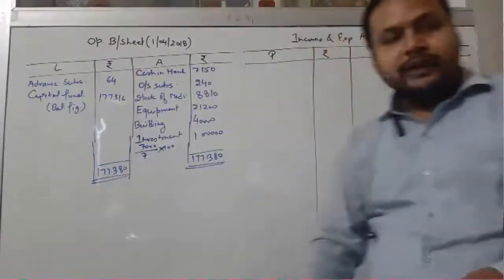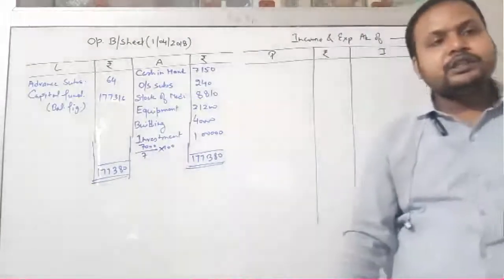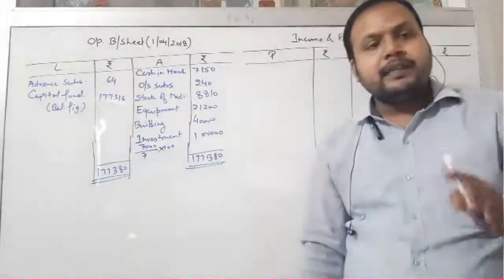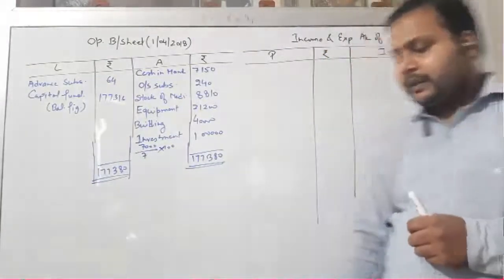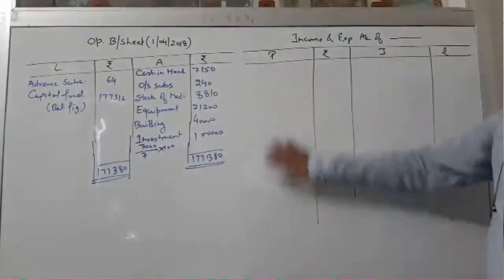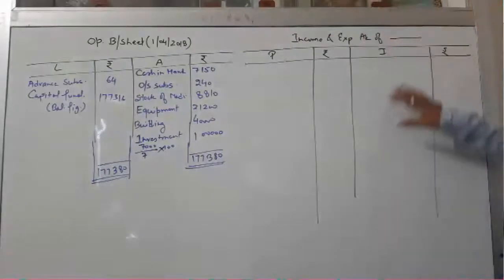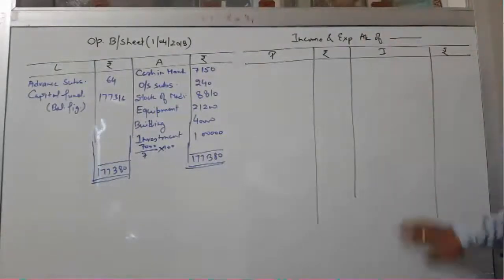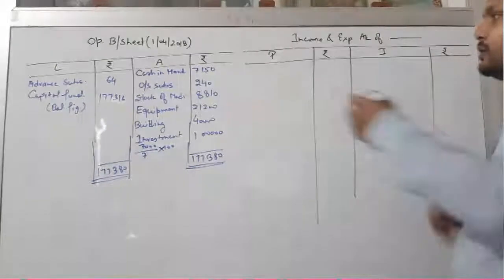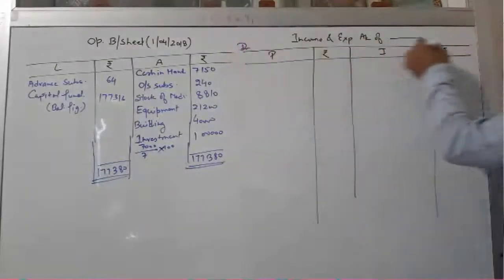Now you know very well, in the last video मैंने खुद ये चीजें शेयर की है कि the payment side of the receipts and payment account will be taken as the debit side of the income and expenditure account, and the receipt side of the receipts and payment account will be taken as the income of the income and expenditure account. So इसमें basically debit side भी है और credit side भी है.